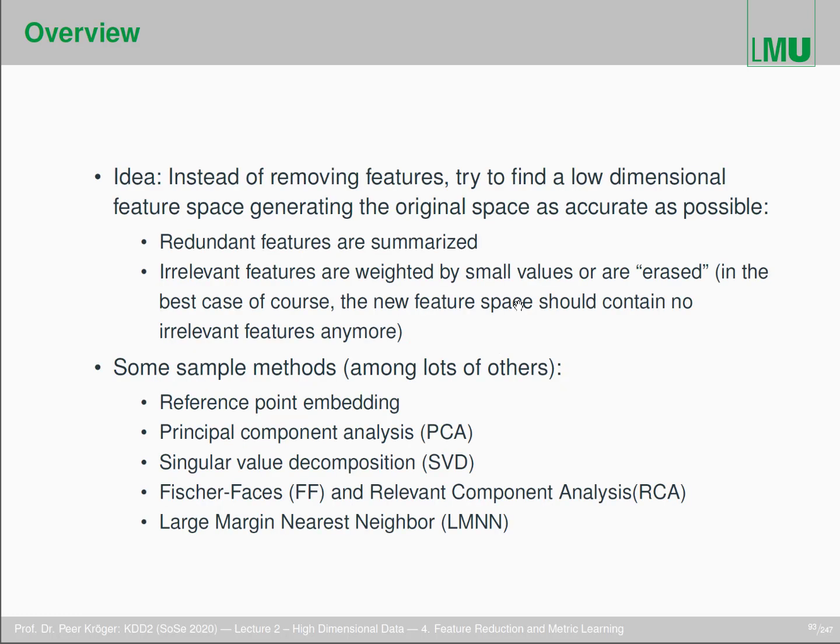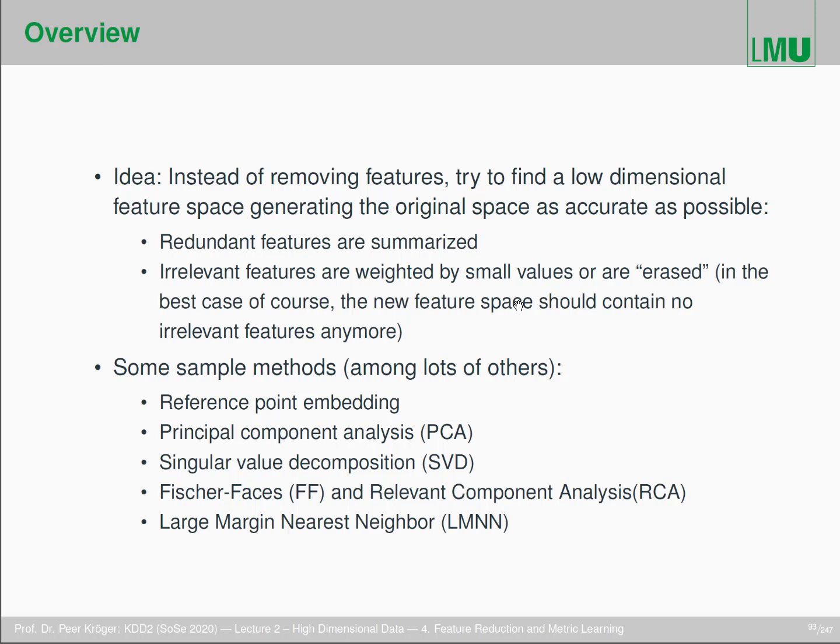So anyway, the idea of feature reduction is that, in feature selection, we try to remove original features to find low-dimensional feature spaces, but we kept the original features. And now we try to not remove features, but try to come up with new features, find a lower dimensional feature space with typically new, derived features that try to somehow model or represent the original data space as accurately as possible.